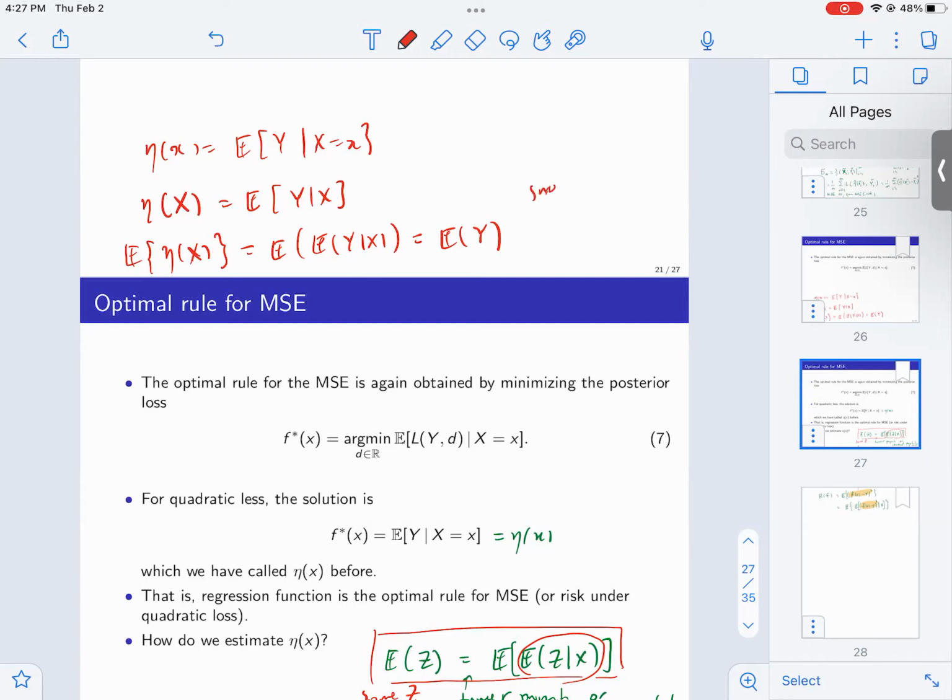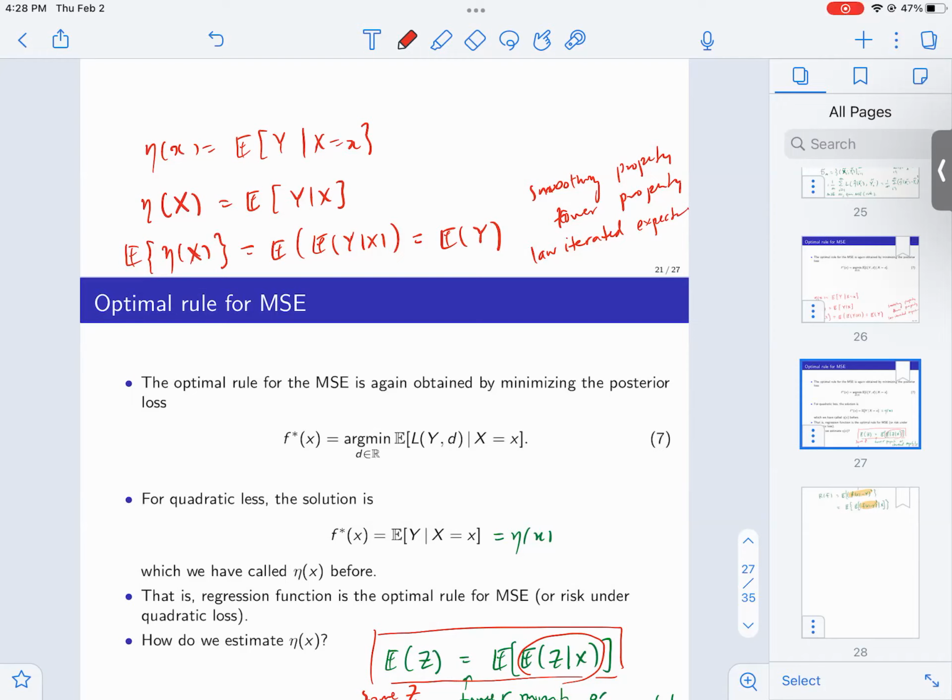So a smoothing property, the tower property, the law of iterated expectation, it has many names. Okay.